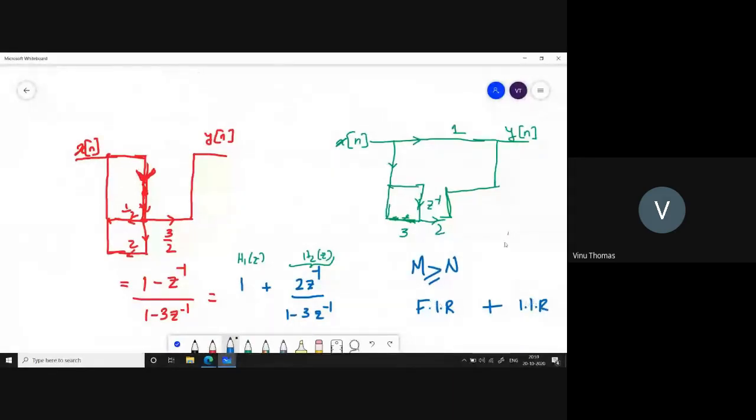So what you will have here is a FIR filter, and in the second part, you will be having an IIR filter. Is this understood? We will discuss that in greater detail in next class when we work out a few questions. That is when M is greater than or equal to N.